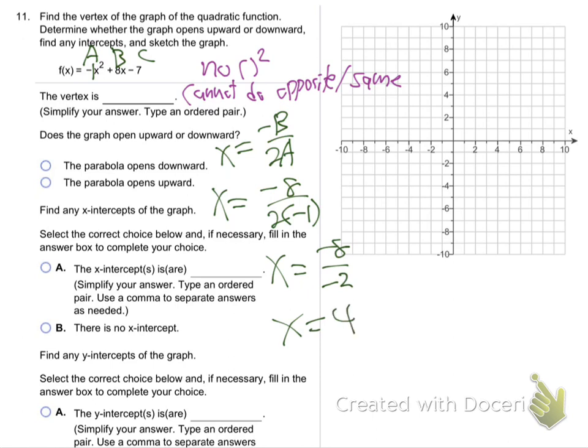So x is 4. That's the x coordinate of the center. Now how do we get the y coordinate? Plug it in. Exactly. Plug it in. Because remember, this f is y. So we have y equals minus x squared plus 8x minus 7. Put in the 4.